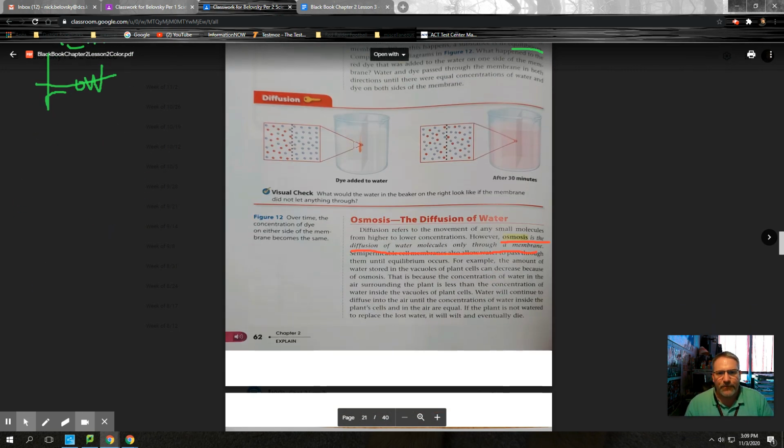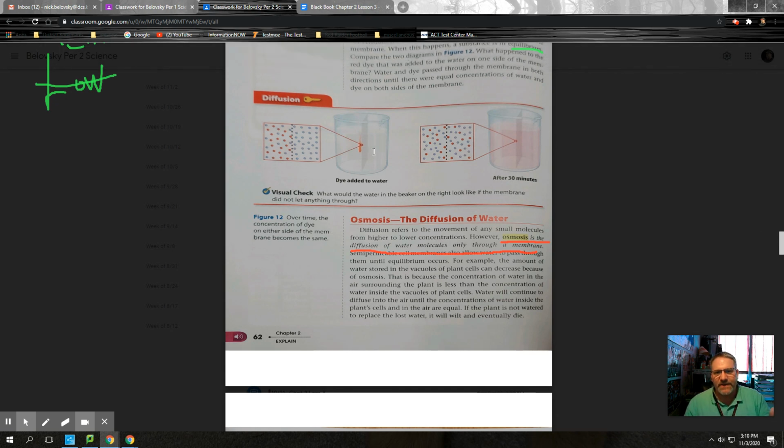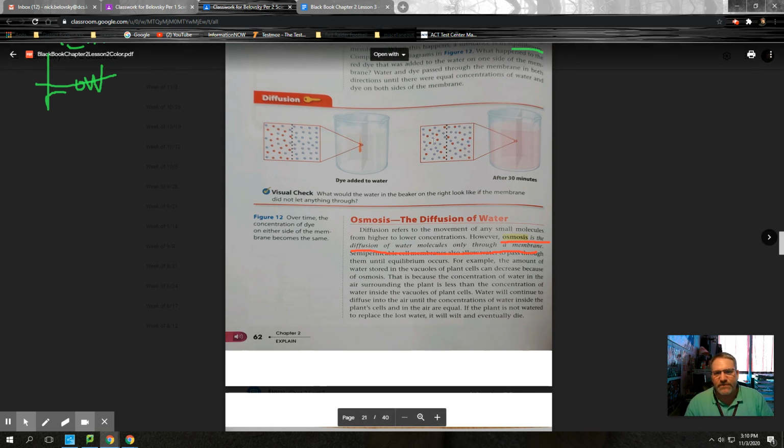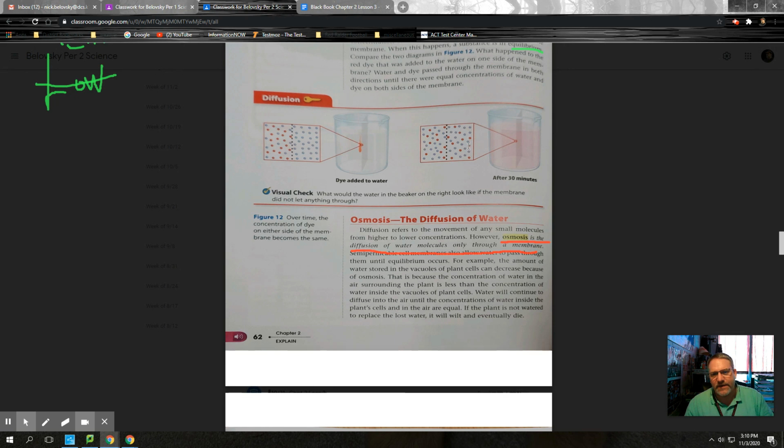And here are examples right here. This right here is dye in water. And this right here is a good example of diffusion. High right here, low. The red would make this side high. There's a high concentration of red dye. There's none over here. And so as it starts moving over, it's equaled out.